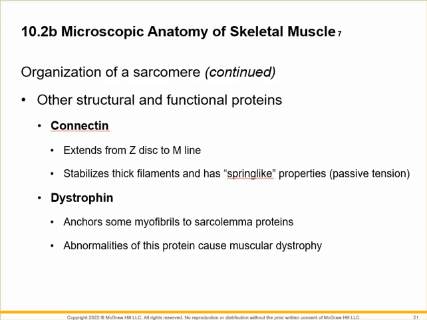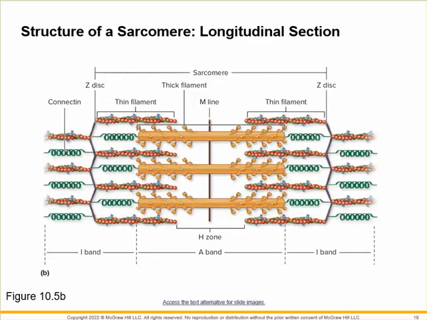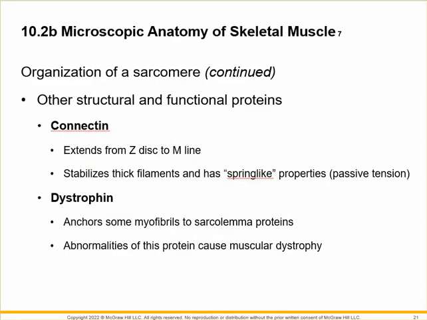So we've talked about the passive tension and connectin. And this happens right within the sarcomere. This is a protein that holds the thick filaments in place to the Z disc and acts like a spring.